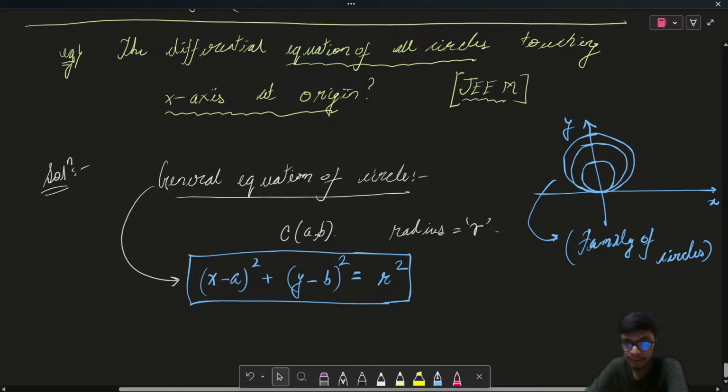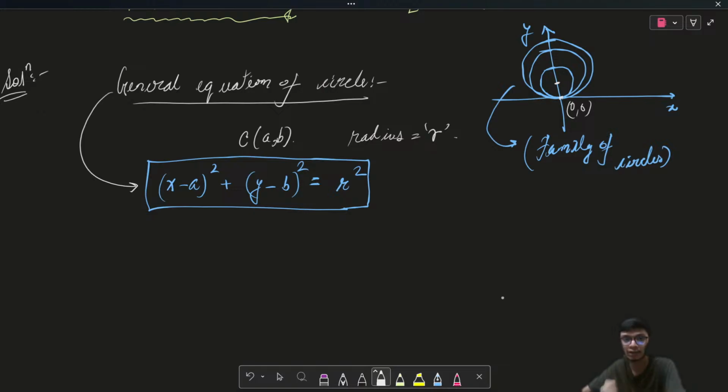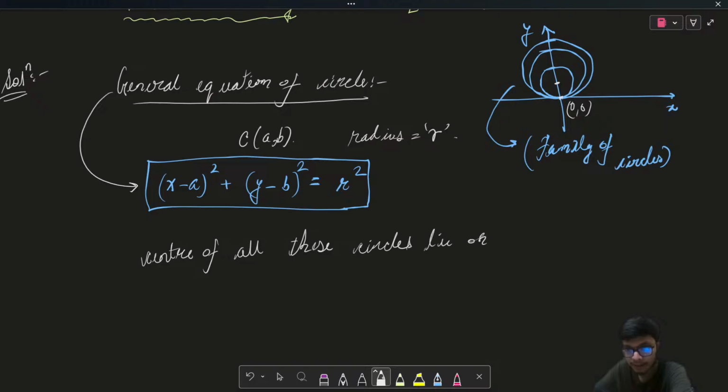Since all these circles are touching the x-axis at the origin, and the origin is 0 comma 0, the centers of the circles are definitely going to lie on the y-axis. So I can make a statement: the center of all these circles lies on the y-axis.